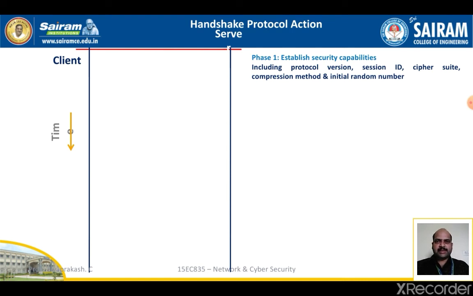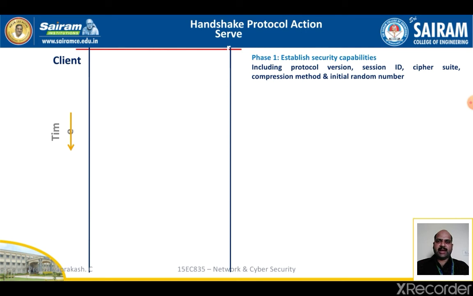Version, the highest SSL version understood by the client. Random, a client generated random structure consisting of a 32-bit timestamp and 28 bytes generated by a secure random number generator. This value serves as a nonce and is used during the key exchange to prevent replay attacks.